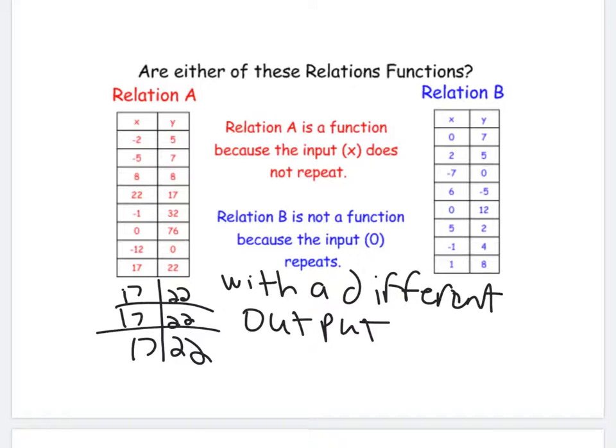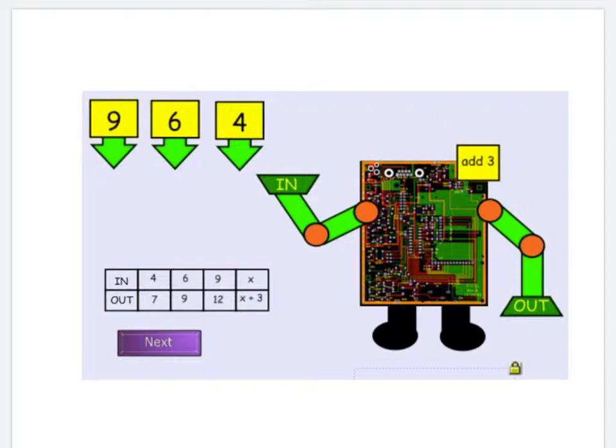If the output is different, like it is in relation B, because the first 0, the output is 7, but on the second 0, the output is 12. That's not a function because when you put in the same thing, you should be able to get out the same thing in return.